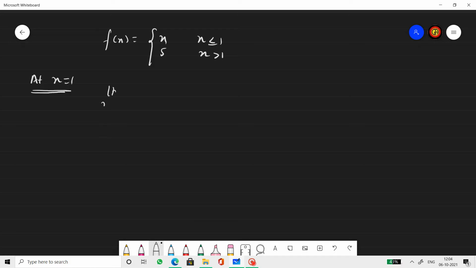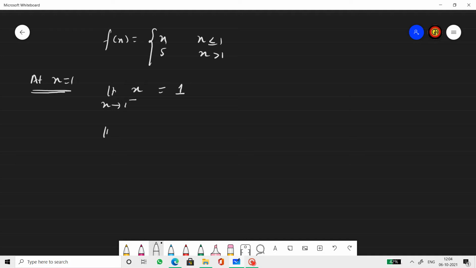Limit x tends to 1 minus. 1 minus means any value below 1. The function is x there. And we substitute 1 only in the place of x, though we write 1 minus. We are not going to take any values below 1 because we know the points will be close enough. So we take only that number, x equal to 1. So 1 is the answer.